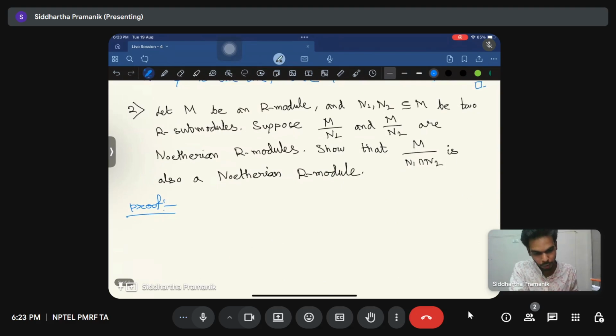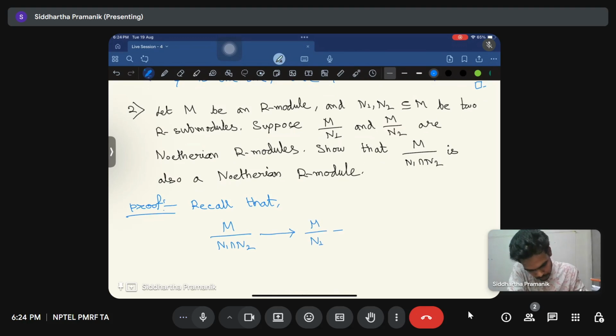So from the lectures, recall that if we take this quotient M mod N1 intersection N2, from this quotient we have a natural injective homomorphism to M mod N1 direct sum M mod N2. So this is an injective map.